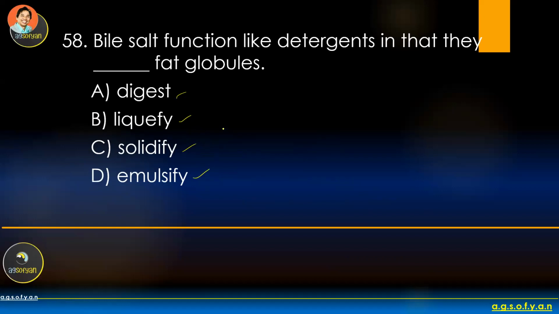Okay, the way the bile salts digest the fat is by emulsifying it. Just like when you have a lot of grease on your hand, you use soap, and this soap will remove or emulsify the grease from our hand. This is similar to the bile salt. It will emulsify the fat or lipids in our intestine.